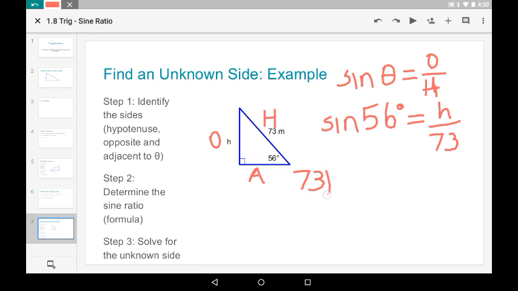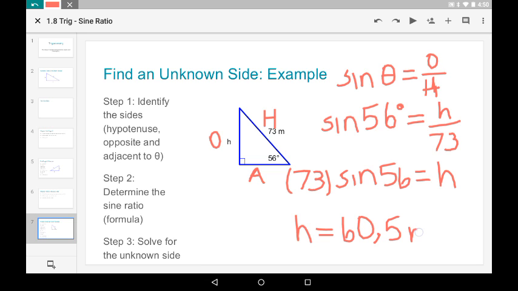You have 73 times sine of 56 degrees will give you h. Type that into your calculator, 73 times sine 56, and you'll find out that h is approximately equal to 60.5 meters, because this was given in meters.